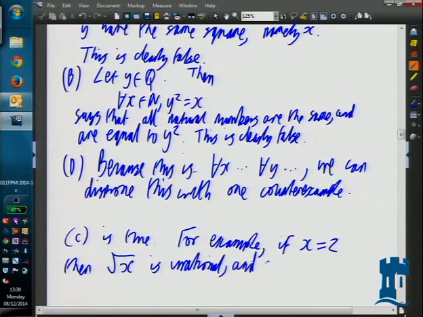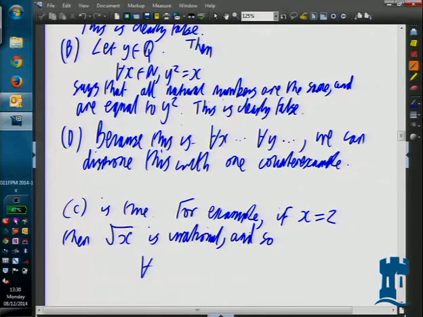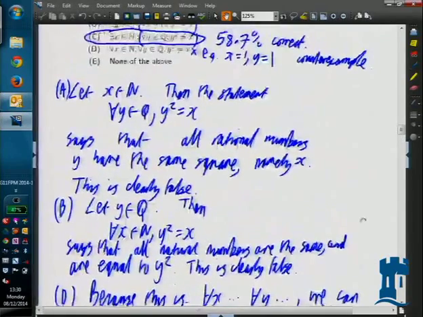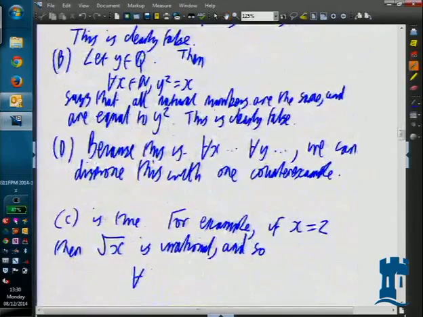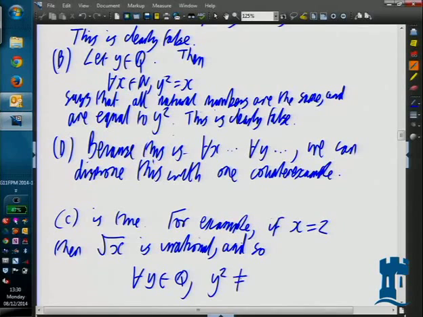And so for all y and q, y squared is not equal to x.